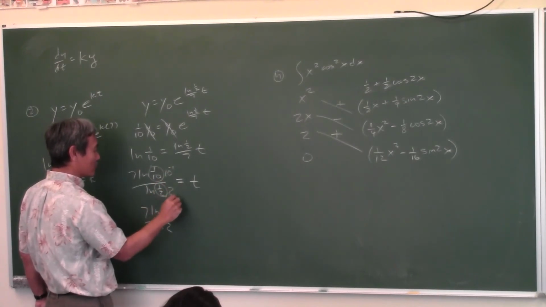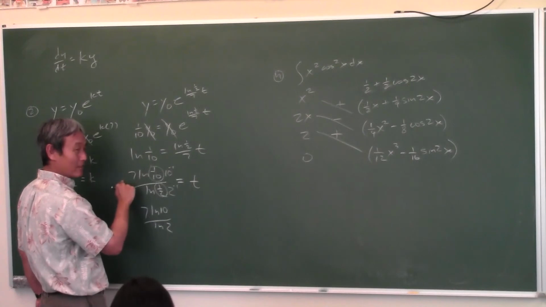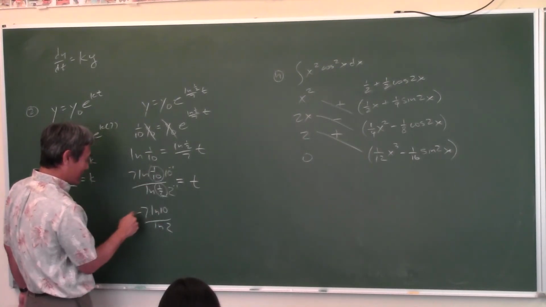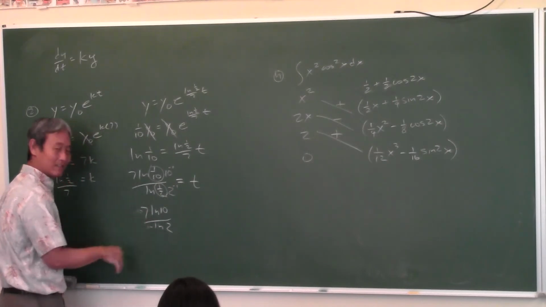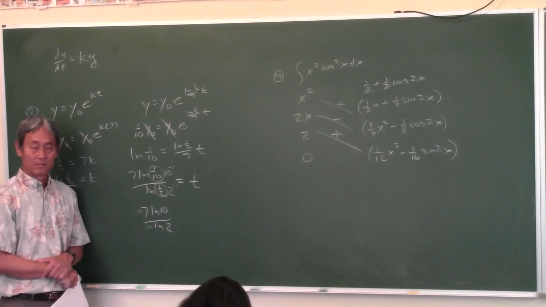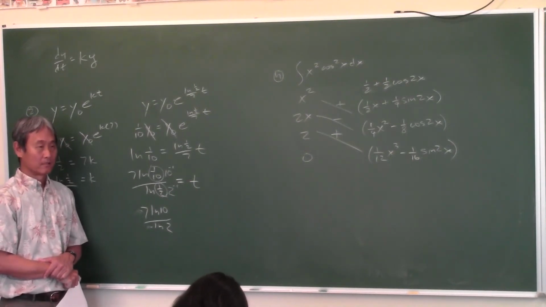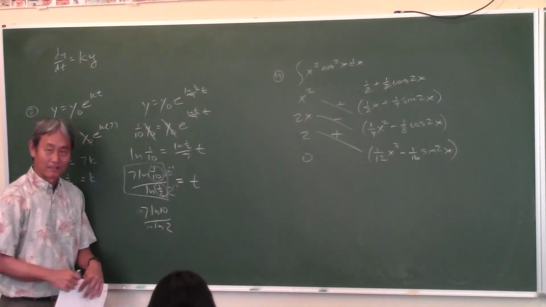Isn't natural log of 1/2 the same thing as natural log of 2 to the negative 1? And when you have a logarithm, can't you take the exponent and put it in the front? So if I put the negative in the front there and the negative in the front there, can't I cancel out the negatives and you get that? Yeah, that was pretty simple. Just leave your answer like this tomorrow and you get full credit.